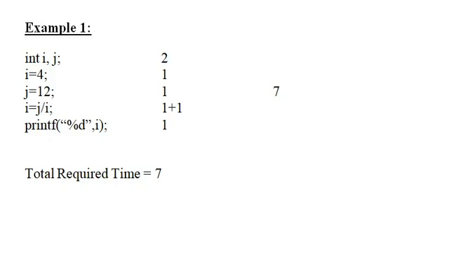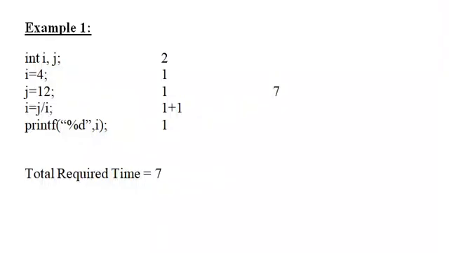So in this example we may see that there are two variables i and j. For defining i and j, 2 units of time are taken. Then we are assigning 4 to the variable i, so the time taken is 1. Similarly, j is 12, time taken is 1.